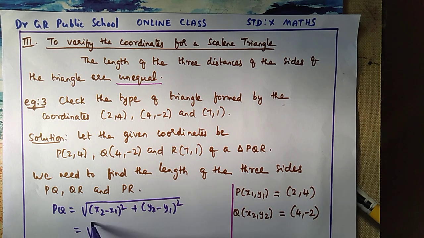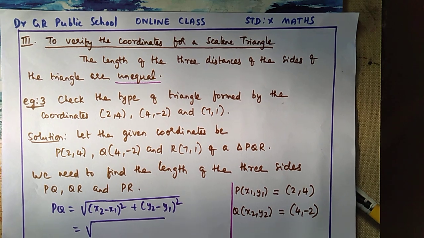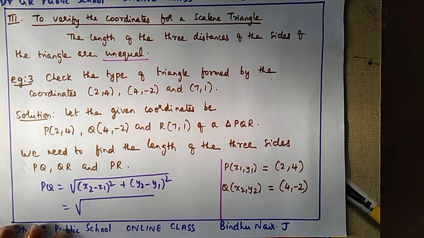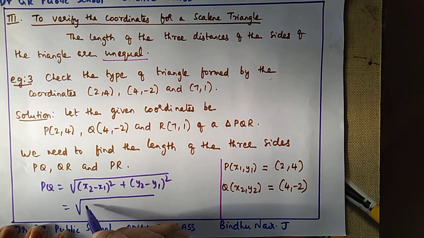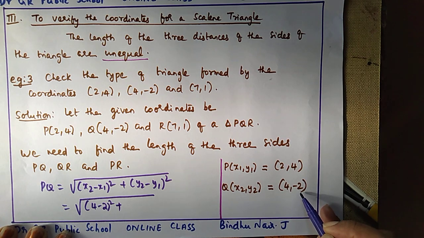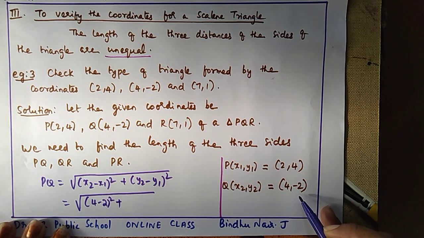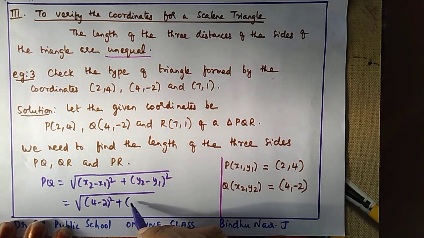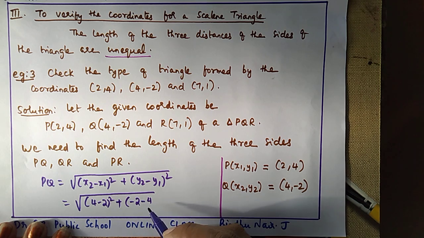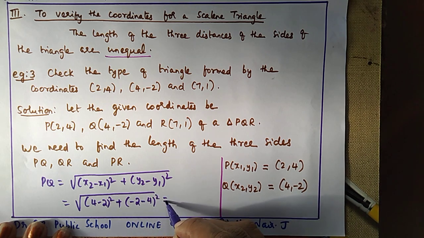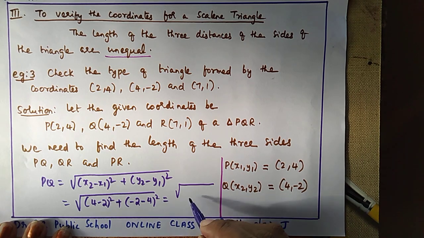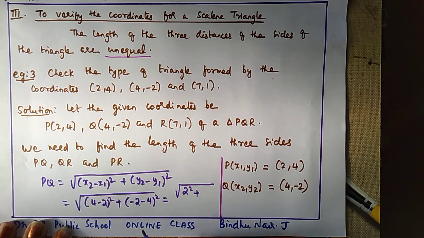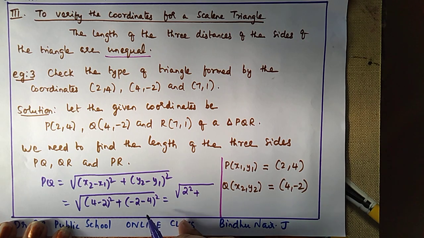that is equal to root of, what is our x2, y2? x2 is 4, x1 is 2. So 4 minus 2 the whole square, and here y2 is minus 2, y1 is 4. So minus 2 minus 4 the whole square. And what is the simplification? 4 minus 2 is 2. 2 square plus minus 2 minus 4 is minus 6.